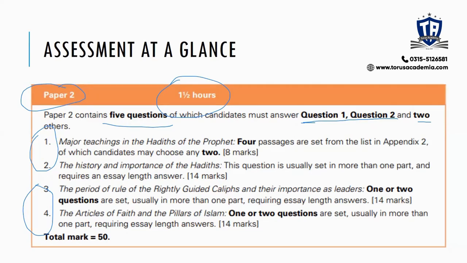Each question contains 2 parts, part A and part B. The first topic is the major hadith of the Prophet. Topic 2 is the history and importance of the hadith. The third topic is the period of rule of the rightly guided caliphs and their importance as leaders. And the fourth one is the articles of faith and the pillars of Islam.